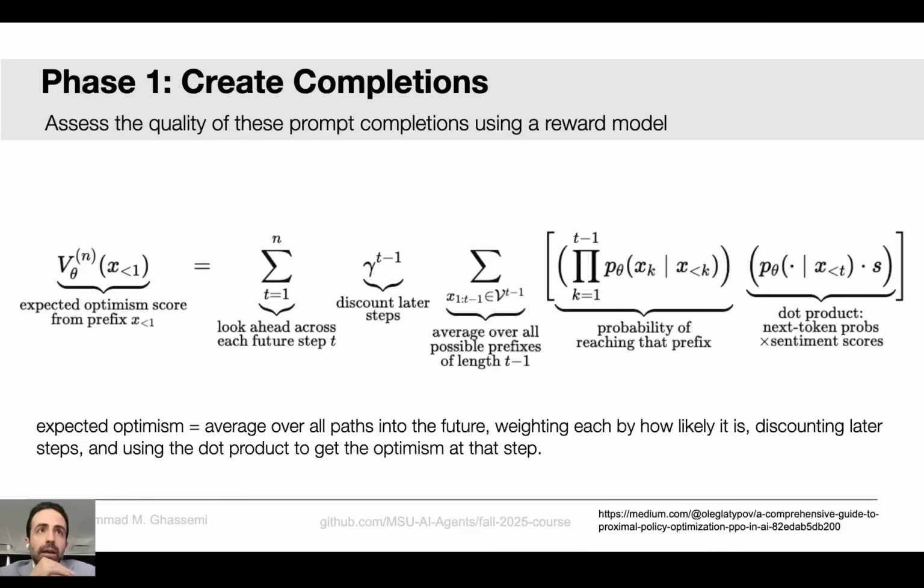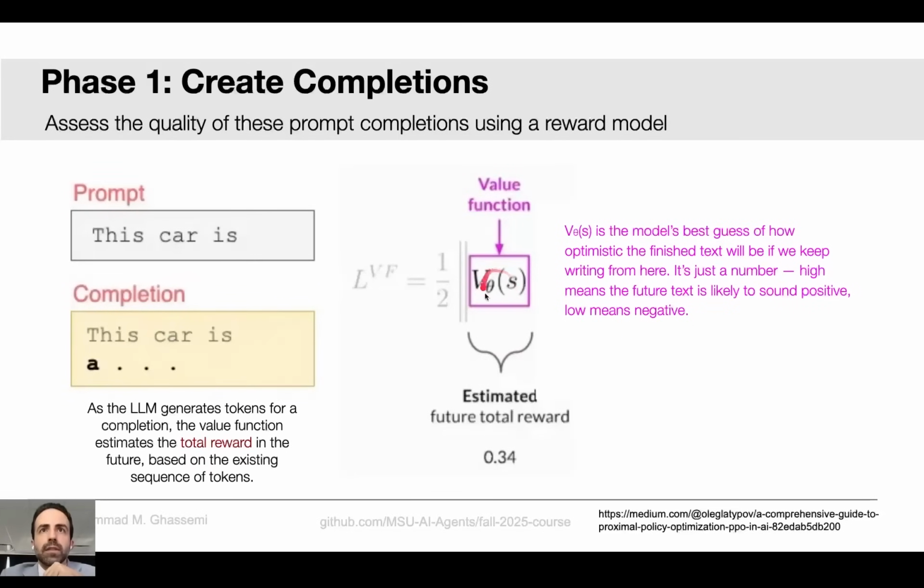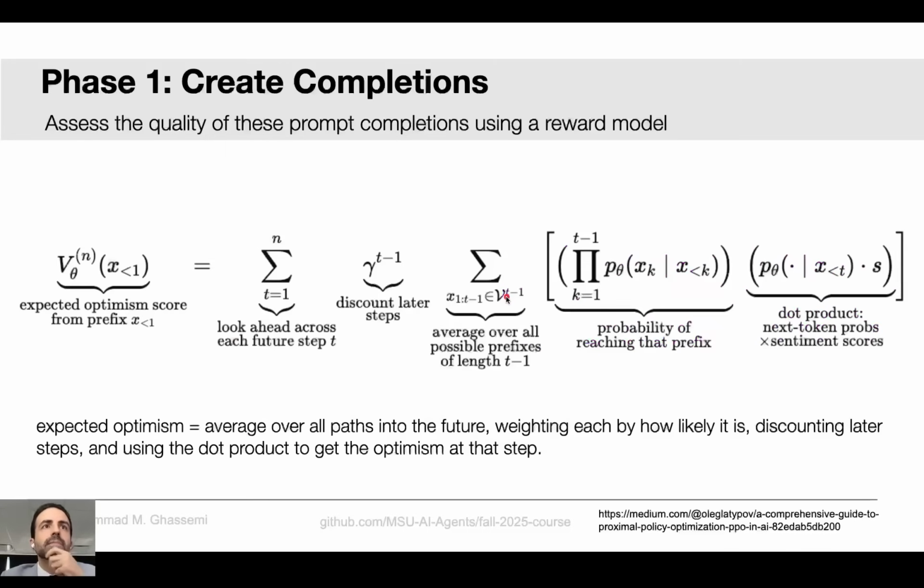So how do I formally define that V theta of x here, which is equivalent to V theta of s here? Well, the first thing I do is I'm going to want to look ahead across some future steps. Steps here are each of the tokens I'm going to propose next.